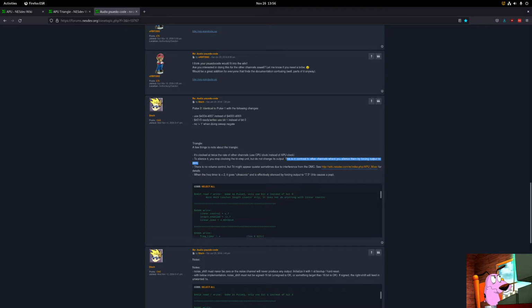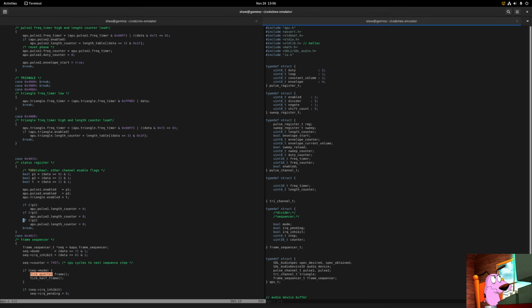I mean, it does say that 4015 touches the length counter only. Let's assume that it does.